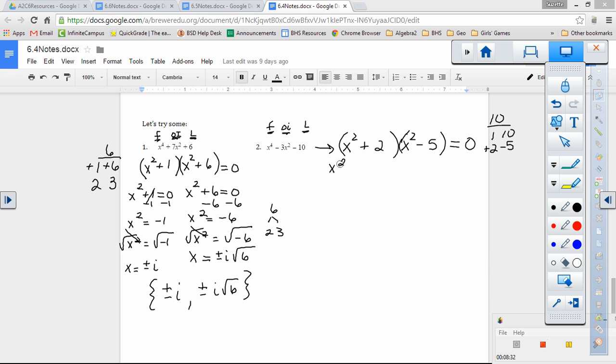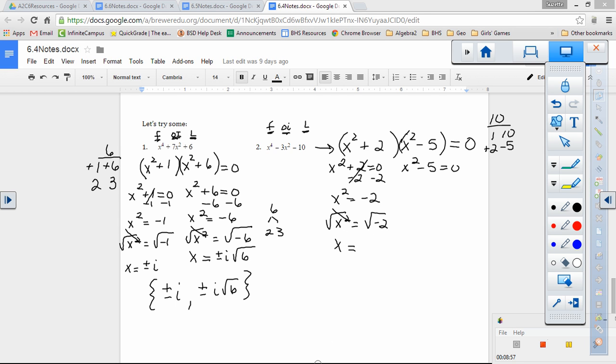Set them equal to 0. So subtract 2. X squared equals negative 2. I need to square root both sides to make sure that I am undoing the square process. These are inverses, so they cancel.